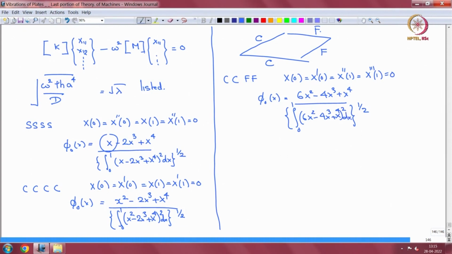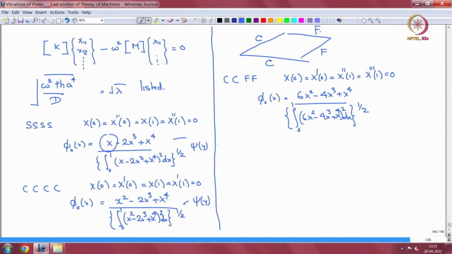Similarly, psi of y will be exactly the same in the other direction, with y, and so on.